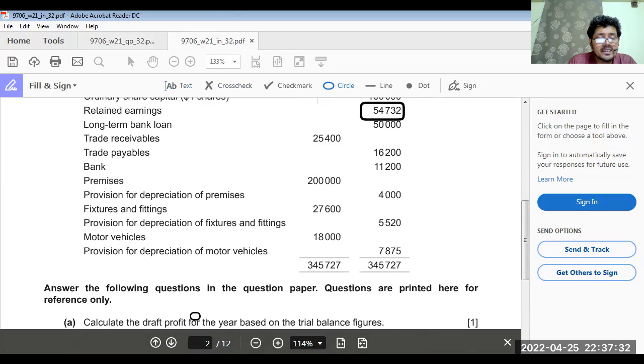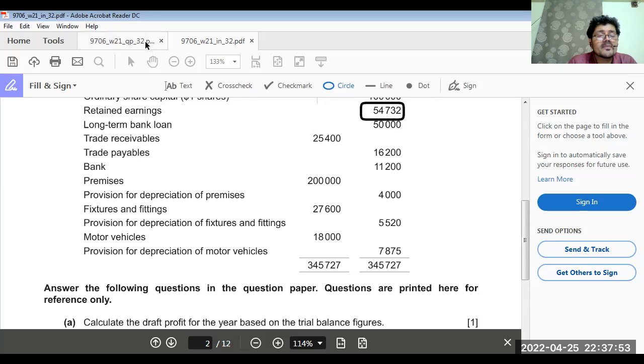Oh, yes. Revaluation reserve. Now, see, premises was 200,000 minus 4,000 provision for depreciation, that is 196,000, and it became 244,000. It means 48,000 is the revaluation reserve.